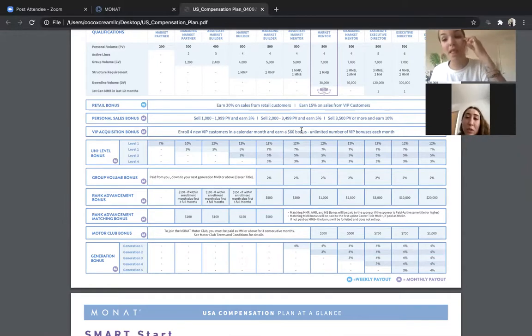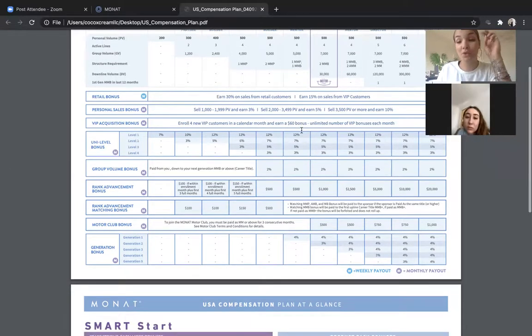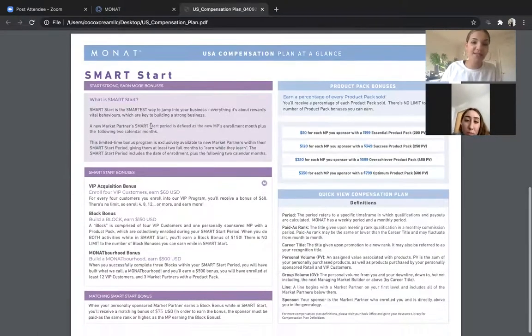And remember, a Mo neighborhood is 12 VIPs. So 12 VIPs is 3 times 60. Girl, just in additional bonuses plus your 15%. Wow. So you're definitely getting stuff in. Plus your 15% off of the VIP customers, plus your VIP acquisition bonus, right?